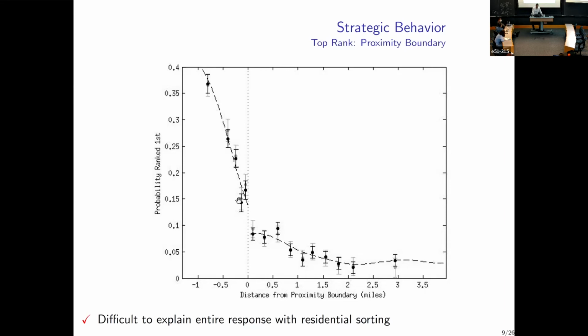People on the left of the boundary are much more likely to rank the school first because they have priority. People on the other side of the boundary have less of a probability of ranking that school first, and that is because they don't have priority. And this is a piece of evidence that people seem to be discontinuously reacting to the change in priority.